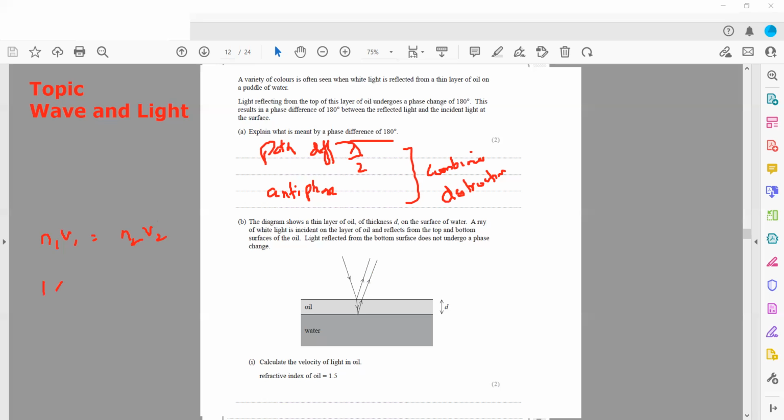The speed of light in air is 3 times 10 to the power 8. The refractive index of medium 2 is given as 1.5, and the velocity in medium 2 we don't know. 1.5 is multiplied on one side, so on the other side it will be divided. So the speed at which this light will move inside the oil is 2 times 10 to the power 8.